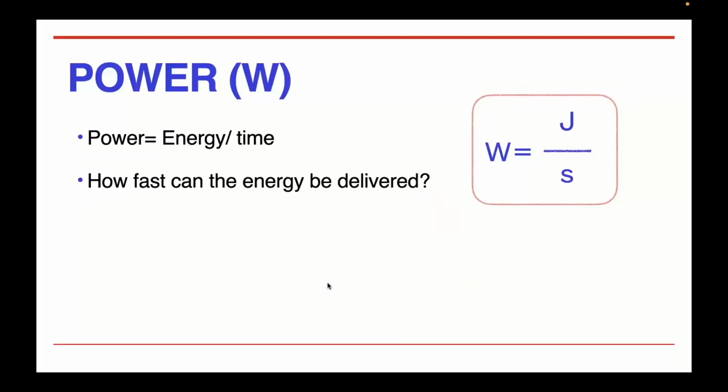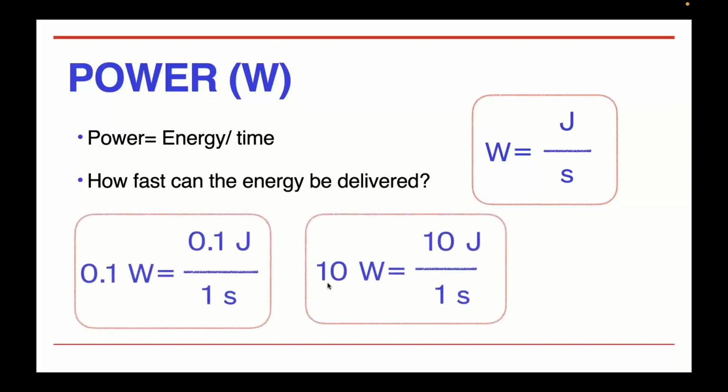Now, to deliver the energy, to deliver those joules, we need power. It's the concept that represents how many joules can be delivered per unit time, and it's measured in watts. Intuitively, power is somehow similar to brightness. With 1 watt of power, we can deliver 1 joule in 1 second.